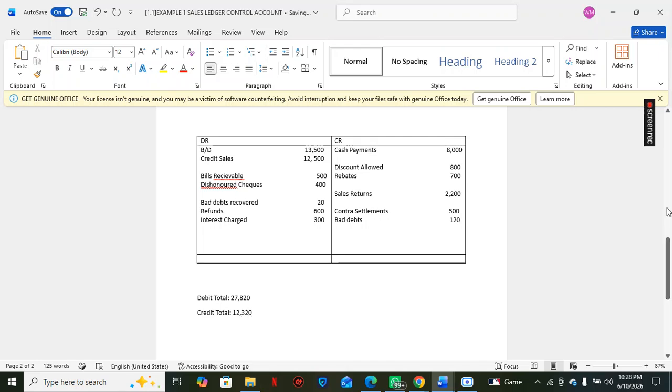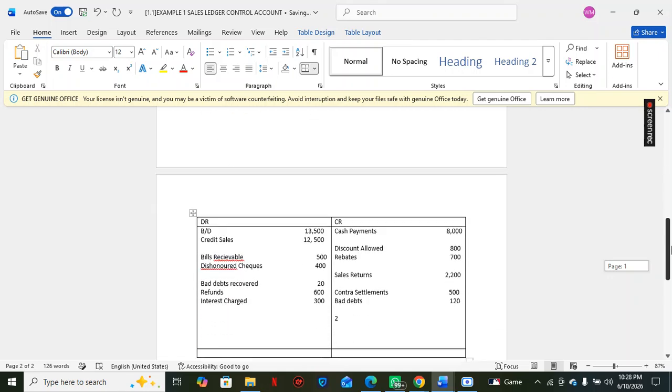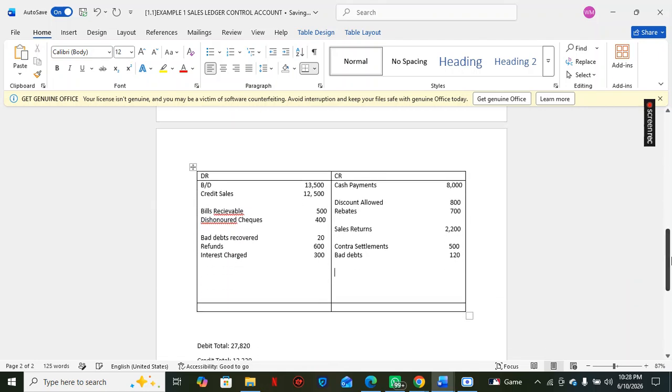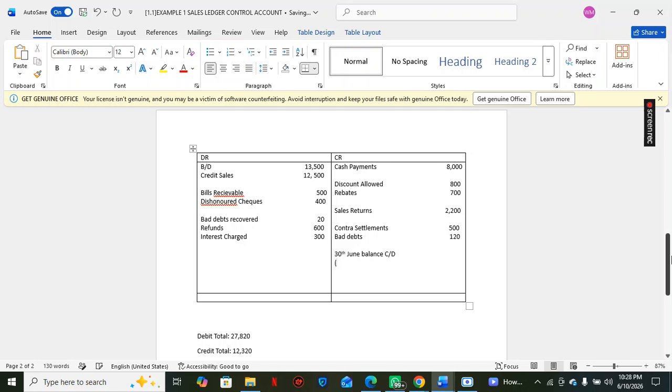All right. So since the credit side is the lower side, on the 30th of June, balance carried down. You're going to say 27,820 minus 12,320.